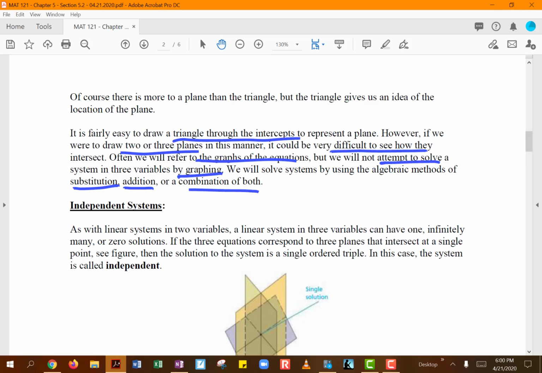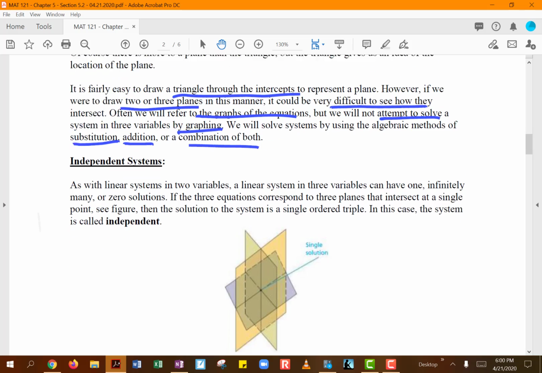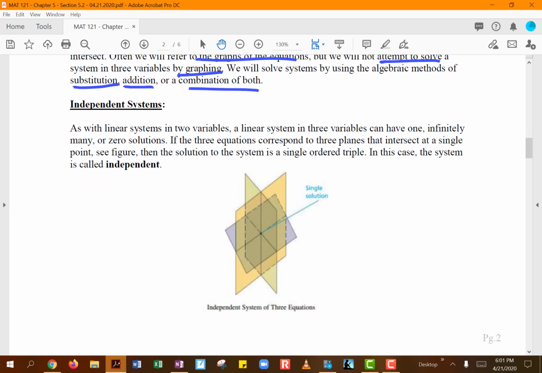Okay, so let's look at our first type of system here. We are looking at independent systems. They're saying just like with linear systems in two variables, linear systems with three variables can have one solution, infinitely many solutions, or zero solutions. So if the three equations that correspond to three planes intersect at a single point, you can see right here that single point is where those three planes are intersecting.